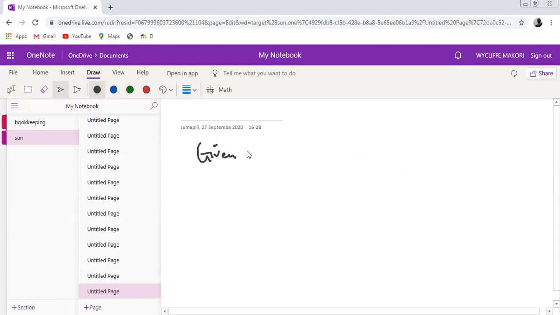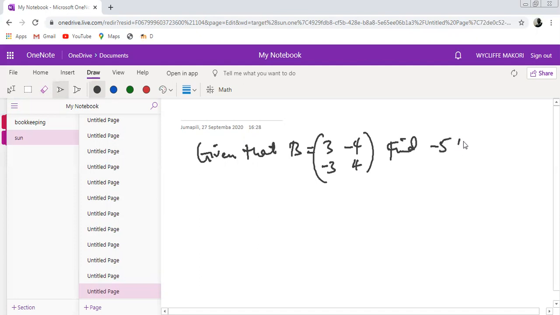You can be told, given that B is equal to 3, negative 4, negative 3, 4. Now you are asked, find negative 5B.